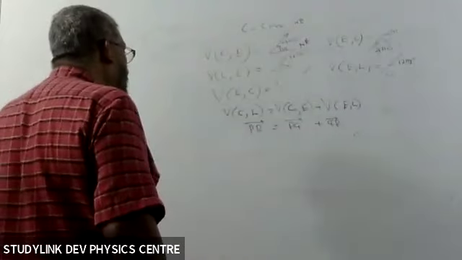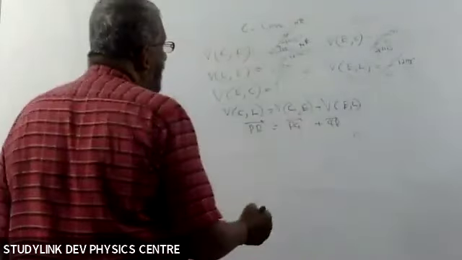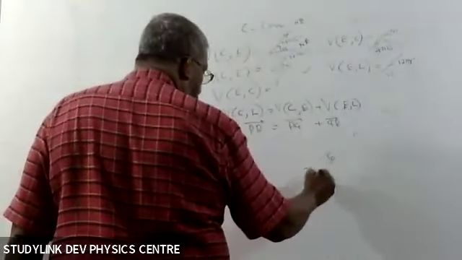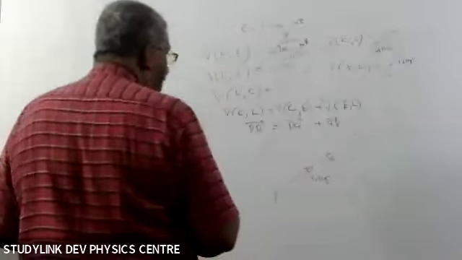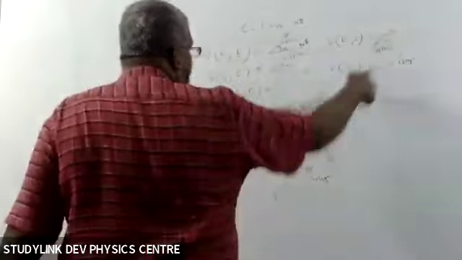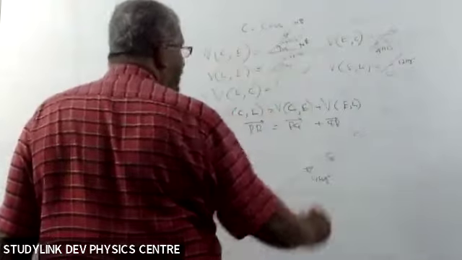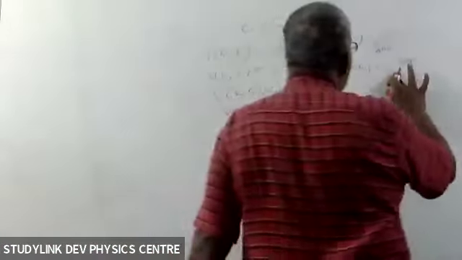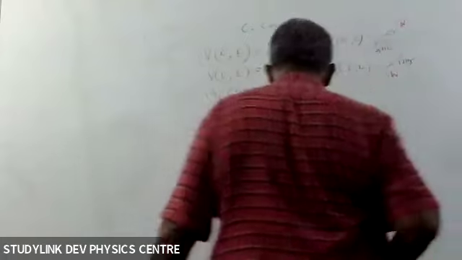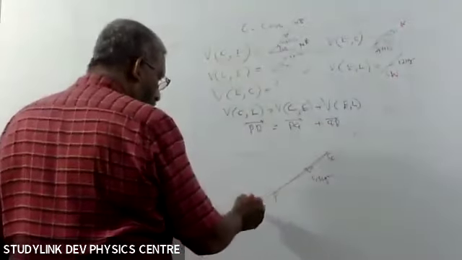Now, when you consider this, PR, PQ, VCE plus VEL. Now we'll consider PQ, VCE. This is PQ, only 4. Then the other one is QR, EL, southwest, you have to go for 12.